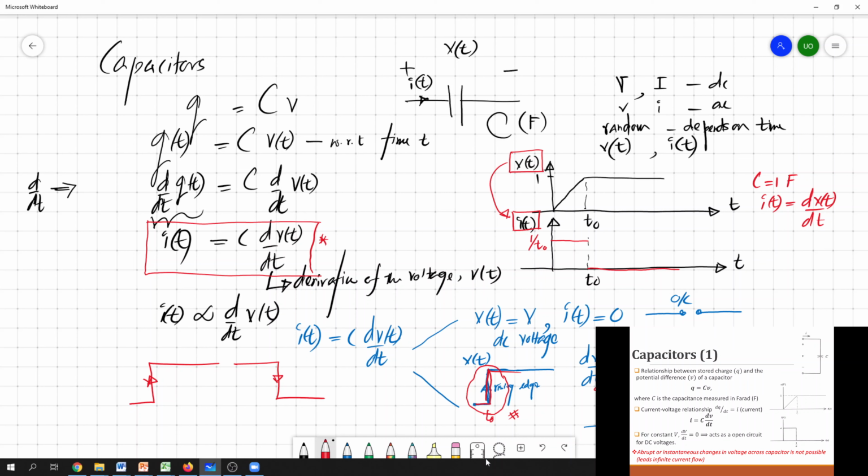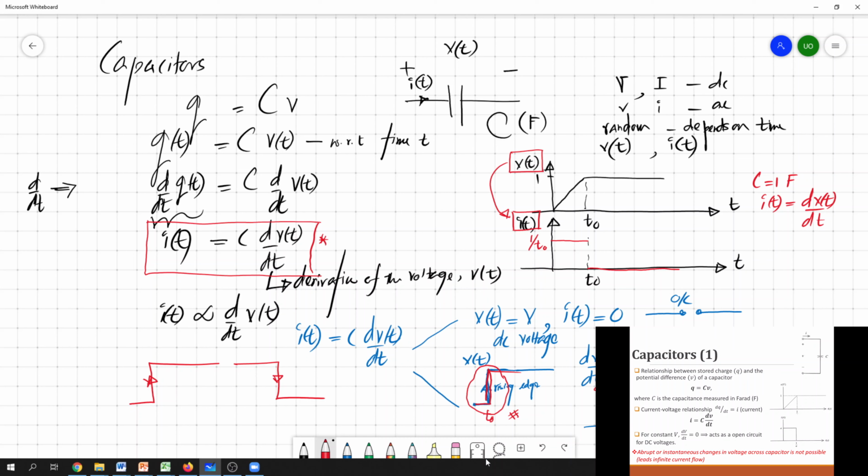As a convention, we basically assume that these kinds of rapid changes cannot be handled by capacitors. Abrupt or instantaneous changes in voltage across the capacitor are not possible, because they lead to an infinite current flow through the capacitor. Ideally, the circuit would be completely burned due to this heavy current.